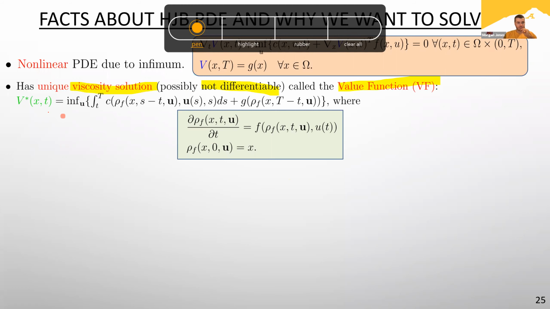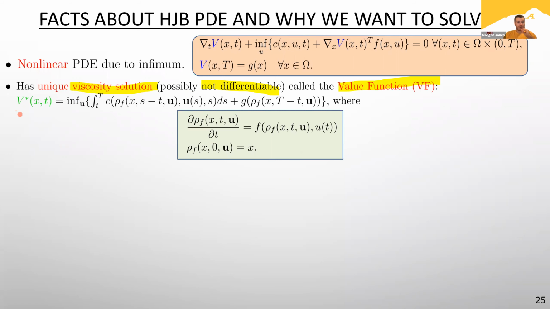So if V star satisfies the HJB PDE, it also follows it must equal the infimum over the input, integrated from time t, where t is the argument, to the terminal time, initialized at x, of the cost.